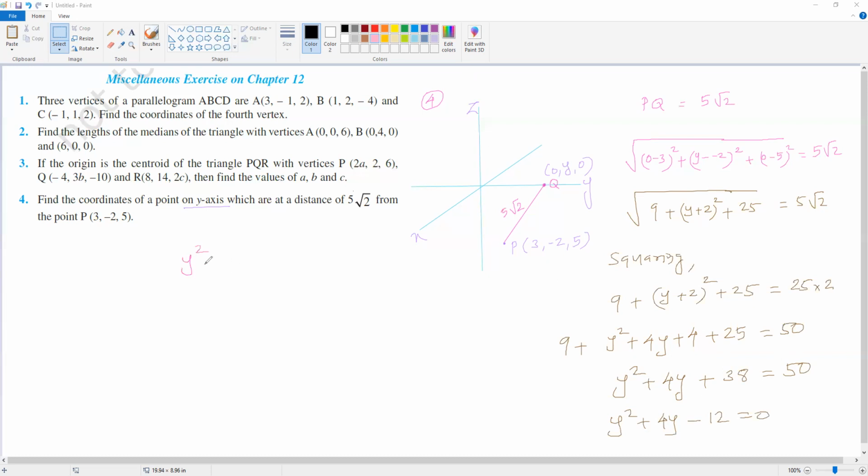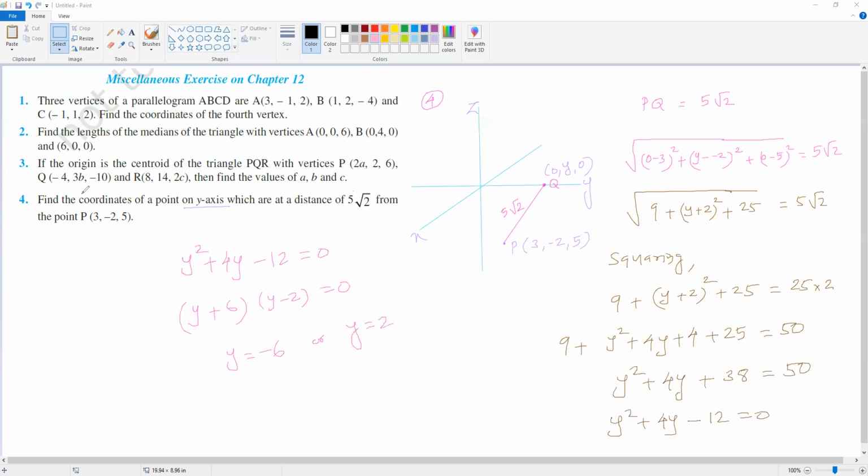So y square plus 4y minus 12 is equal to 0. So you have to solve it. You can use the quadratic formula, otherwise you can use factorization. So it is (y plus 6) into (y minus 2) is equal to 0. So y is equal to minus 6 or y is equal to 2.